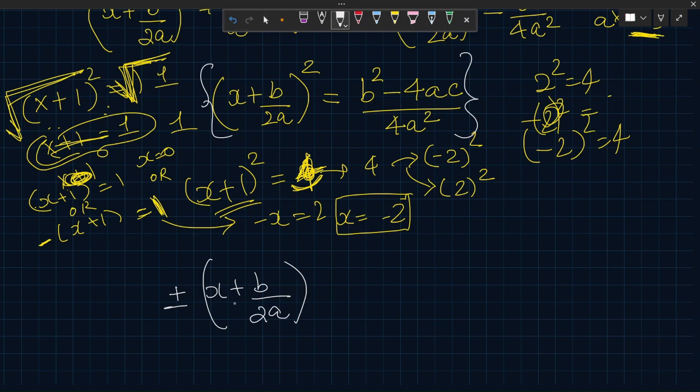Plus minus x plus b by 2a can be the square root of b square minus 4ac by 4a square. Actually, let's leave it in this way. Plus minus x plus, this is just a number whose square root has to be taken.